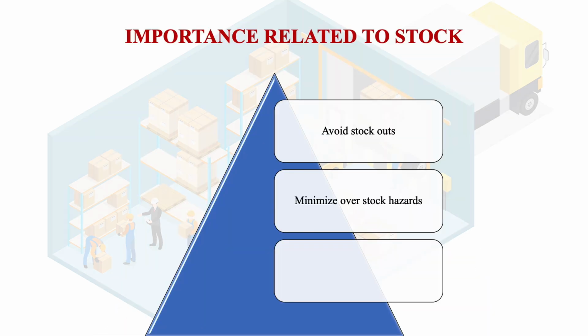And if we have optimal inventory, then our revenue and profit will increase. The importance related to stocks: minimize the overstock hazards and decide timely replenishment. That means avoid stock outs; a stock out means the stock is nil.